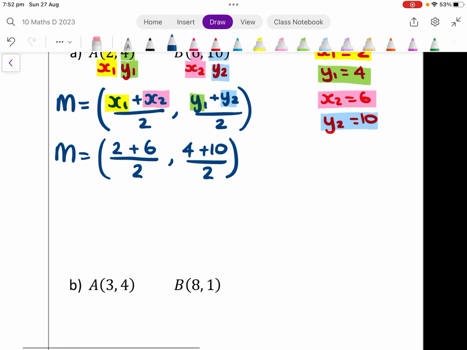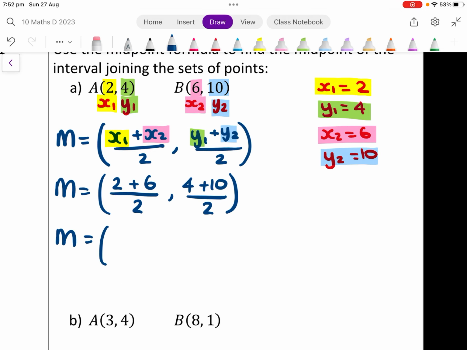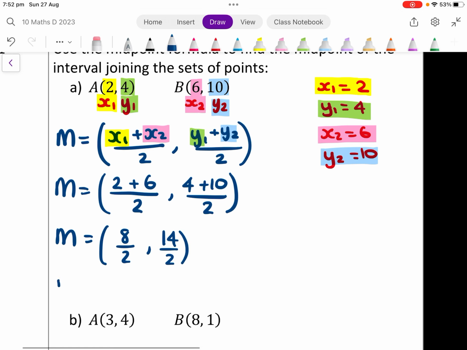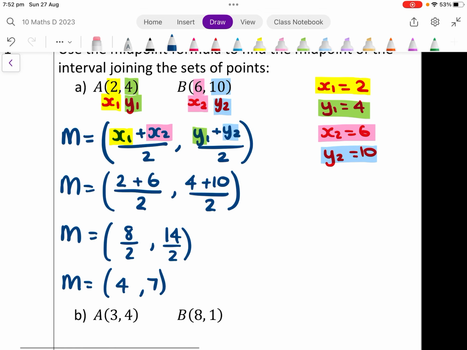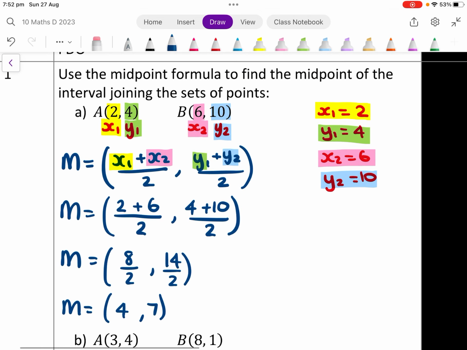And so then what this equals is 2 plus 6 is 8 over 2, and 4 plus 10 is 14 over 2. So our midpoint is therefore the coordinate 8 divided by 2 is 4, and 14 divided by 2 is 7. So the midpoint of these coordinates is 4, 7.